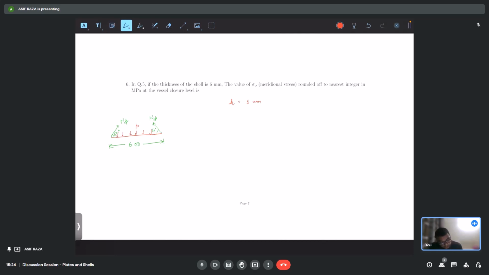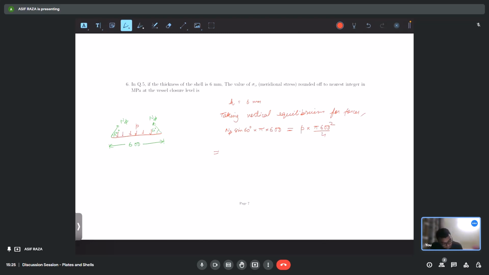At this closure level, taking vertical equilibrium, the forces will have n phi sine 60 times, and this is on the circumference, so this would be like pi d, so pi d would be 600 times, and this would be balancing the force P times pi d square by 4.